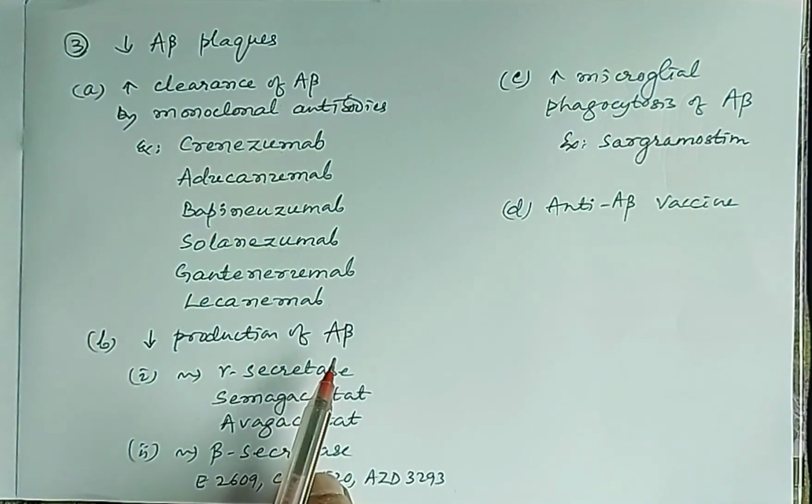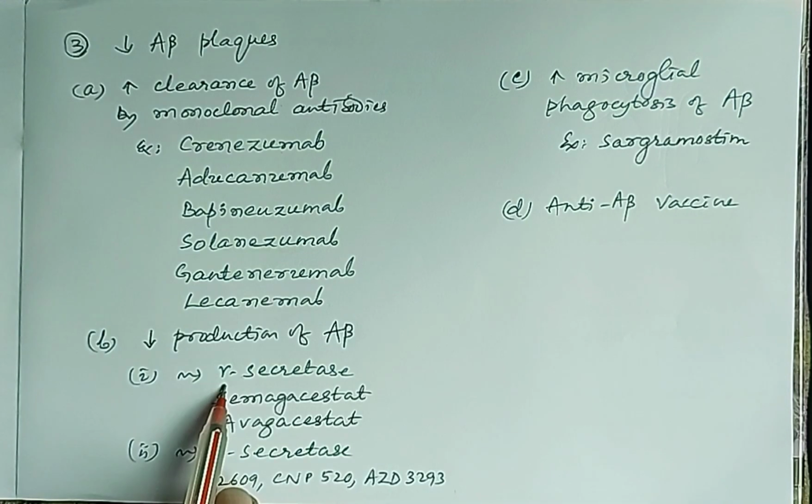We can decrease the production of amyloid beta by inhibiting either gamma secretase or beta secretase. The beta secretase inhibitors have not yet come to the market, so code names are there, and two drugs can inhibit gamma secretase, that is semagacestat and avagacestat.